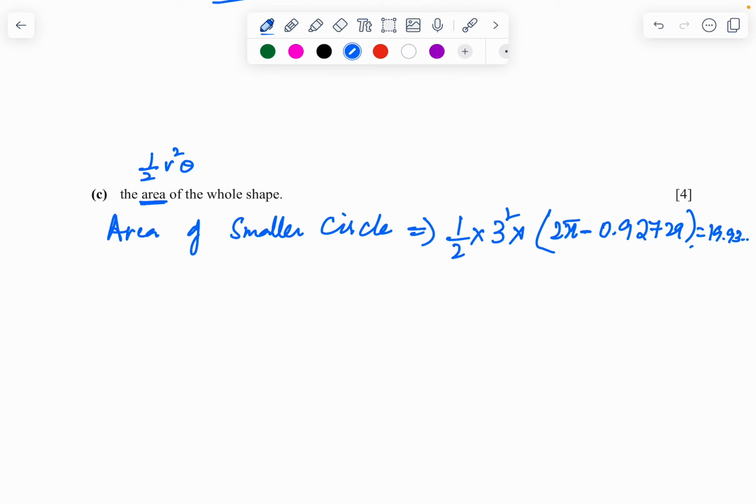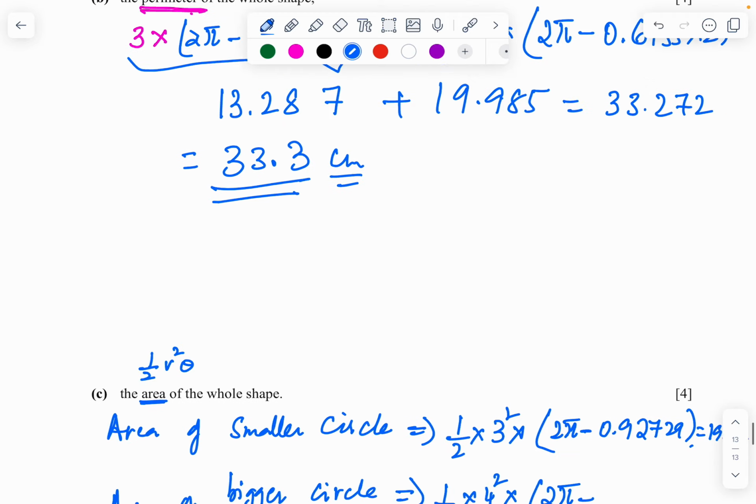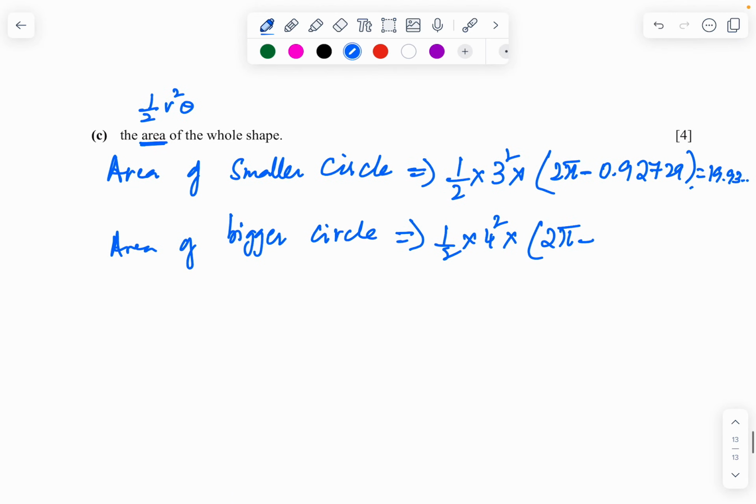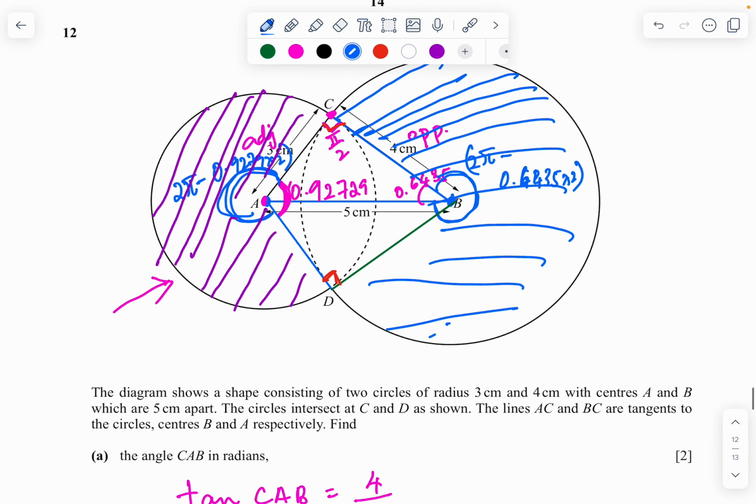Okay, now area of the bigger circle: half times 4 square times theta. Theta is how much again? 2 pi minus 0.6435, and this gives me 39.97.